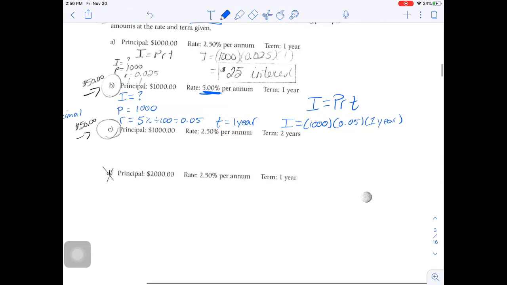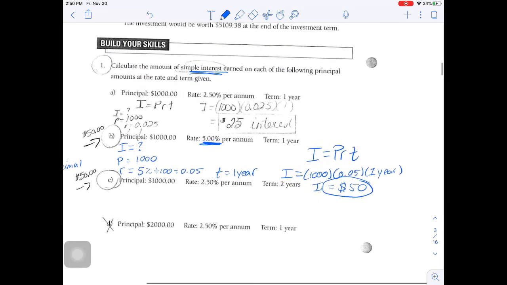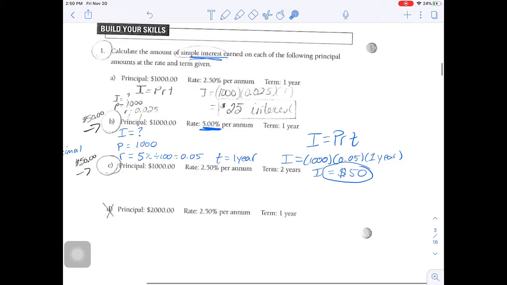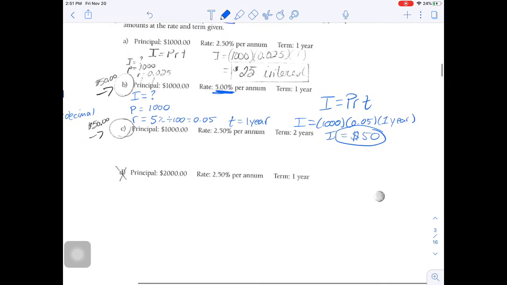And what that's going to equal is $50. So your interest is $50. So it looks like that you have gained $50 in your investment. So in order to figure out how much you totally have, you would take 1,000 and add it to 50. So it's as simple as that.